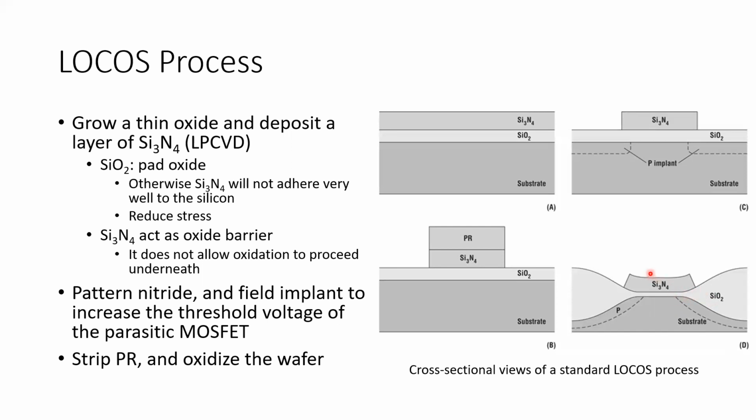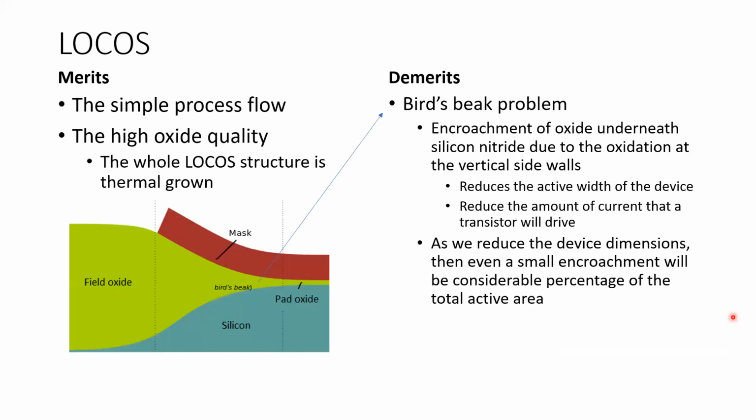Then we remove the photoresist and oxidize the wafer. Here, this is the beak. I show some details of the beak: we have the field oxide, and this is the bird's beak. We cannot put a device here, so this is a bit of a waste. We need to make this bird's beak as small and short as possible.